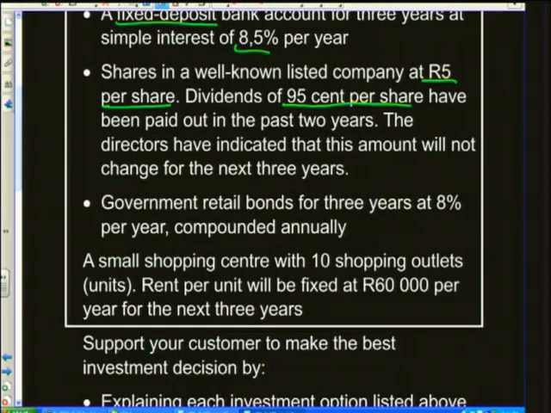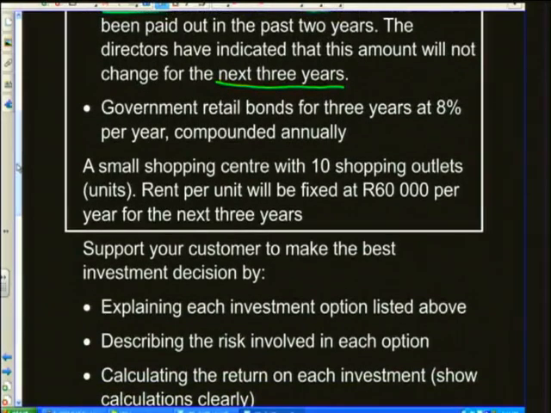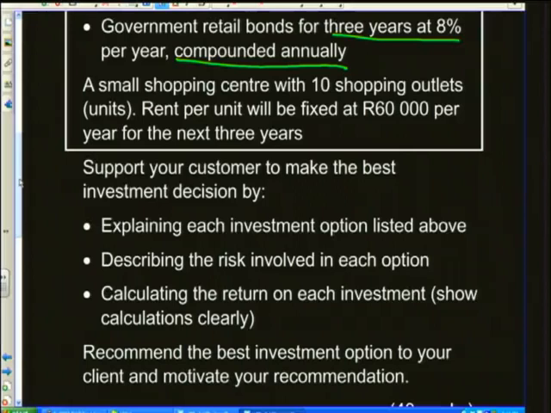The directors have indicated that this amount will not change for the next 3 years. All right. Government retail bonds for 3 years at 8% per year, compounded annually. Right. And then we also have a small shopping center with 10 shopping outlets. Rent per unit will be 60,000 Rand per year for the next 3 years.